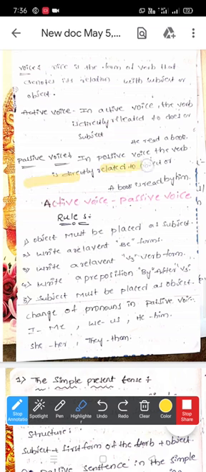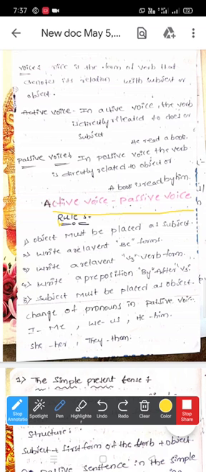In passive voice, the verb is directly related to the object. In active voice, it is related to the subject; in passive voice, to the object.